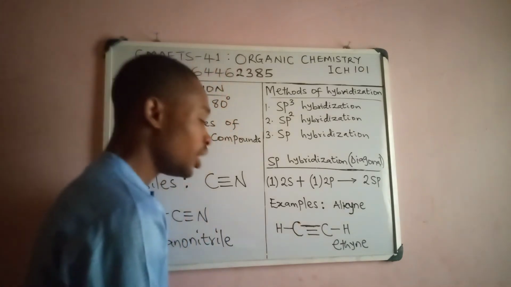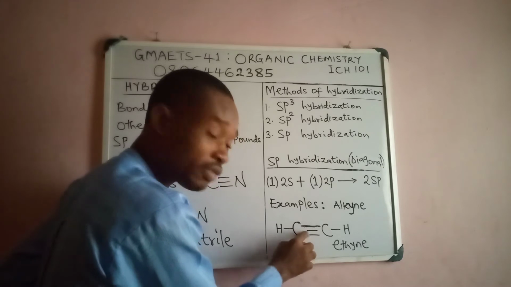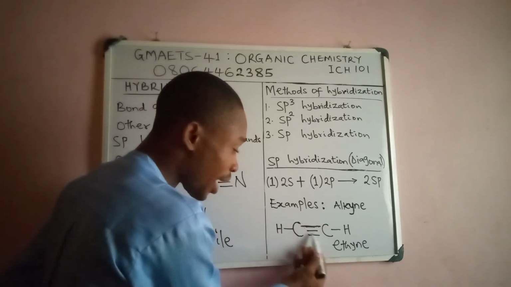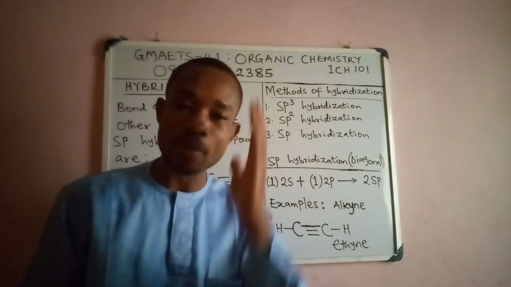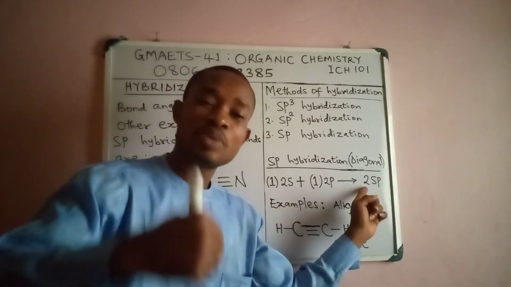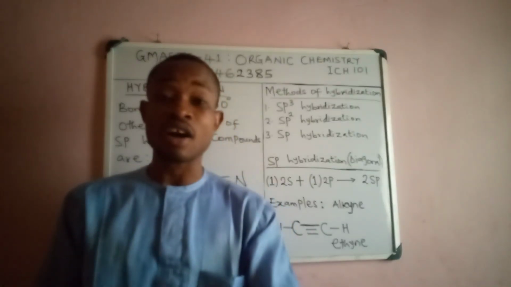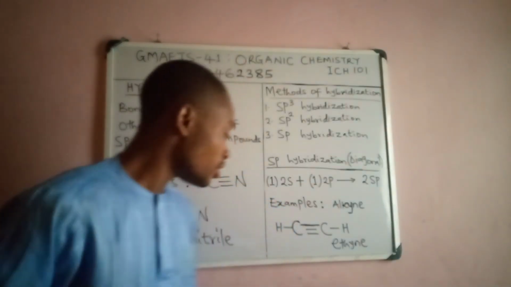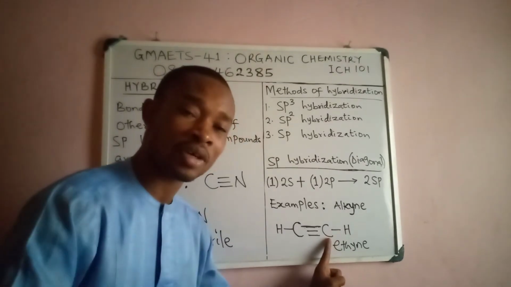Now we move on. How then are these 2 bonds formed? These 2 bonds are pi bonds. They are formed from the unhybridized p orbitals. Remember, we said that in sp hybridization, there are 2 p orbitals that are unhybridized. So this carbon has those 2 p orbitals, and this one also has those 2 p orbitals.